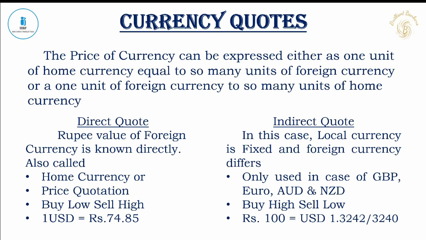In all the other cases, we don't use the indirect quote. Here, the motto is buy high and sell low. How do we pronounce it? Rupees 100 is equal to US dollar 1.3242 oblique 1.3240. This is how we state the indirect quote of a currency.